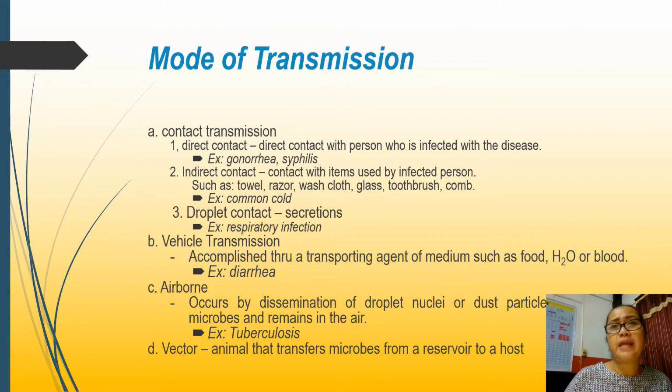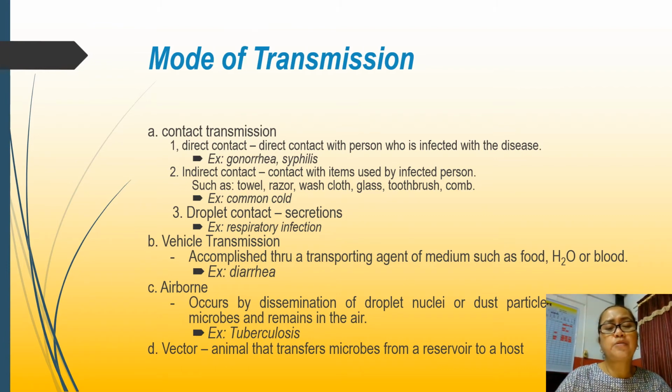That is why you have to maintain at least 1 meter social distancing. And then number 2, we have indirect contact. Contact with items used by infected persons such as razor, towels, washcloth, glass, toothbrush, comb, and all. Example, comb.